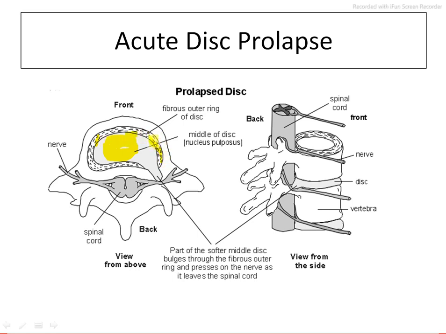So this is the annulus fibrosus, and these tears or fissures coalesce and form a tract, and through this tract the content of the nucleus pulposus bulges out. This bulging out of the content of the nucleus pulposus is known as a prolapsed disc. So you see here the disc has been prolapsed. In this figure there is prolapse of the disc.